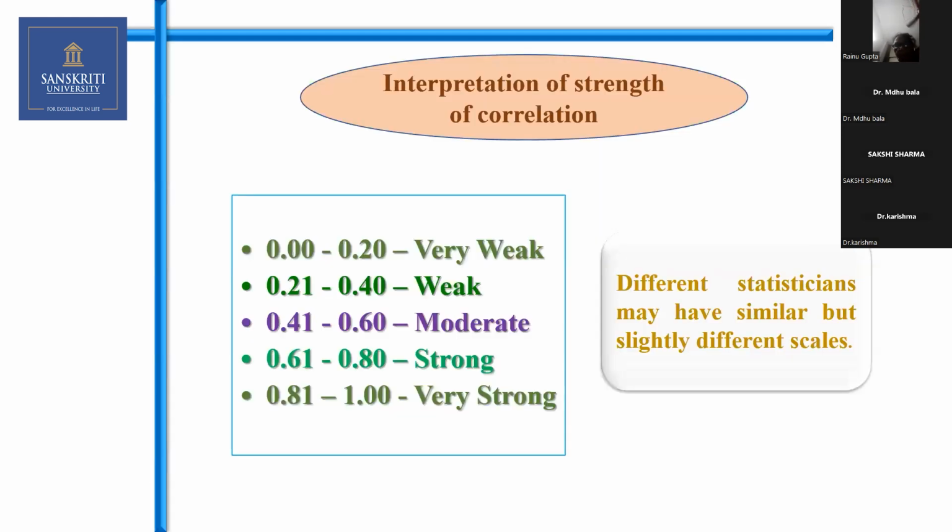And actually, as a statistician, I can say that it can be divided into 5 parts. If it is between 0 to 0.2, either plus or minus, I'm not only talking about plus, it could be minus also, very weak correlation. Correlation is there, but it is very weak. 0.2 to 0.4, it is weak. Then 0.4 to 0.6, moderate. 0.6 to 0.8 strong, and 0.8 to 1 very strong.